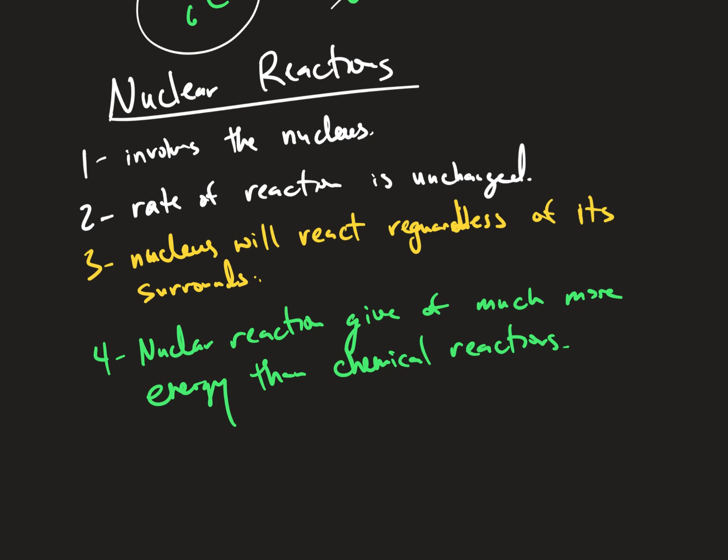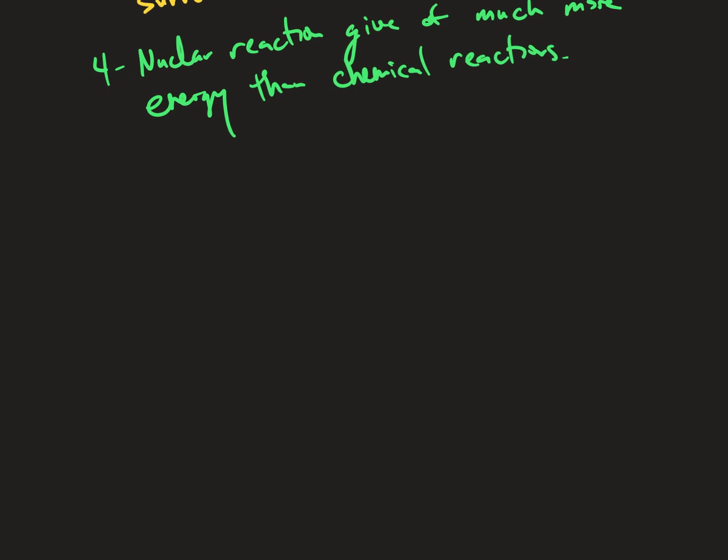So next let's discuss the different particles that come off of the nucleus during these nuclear reactions. So I'm going to just make a little table here.